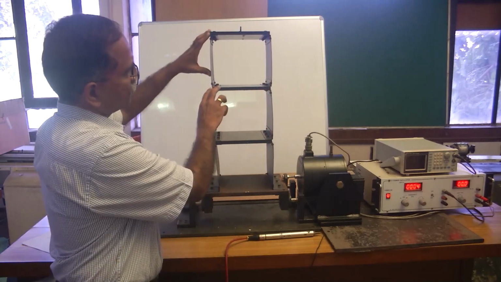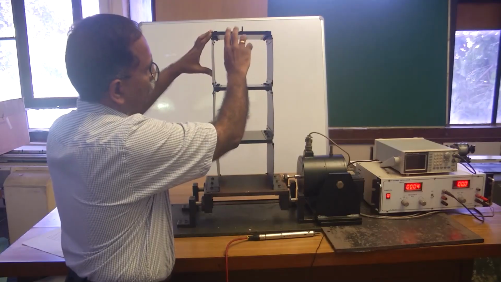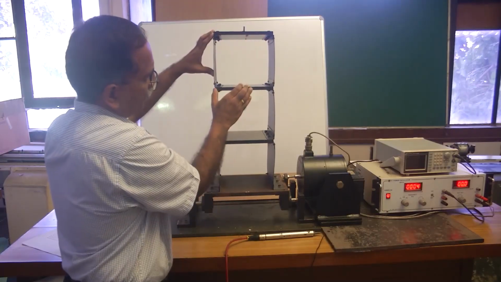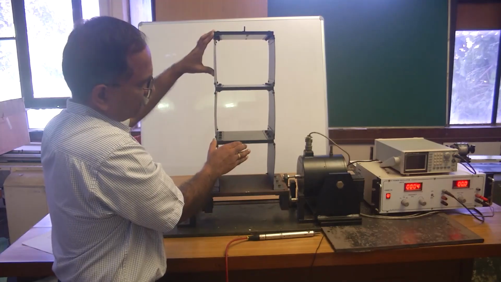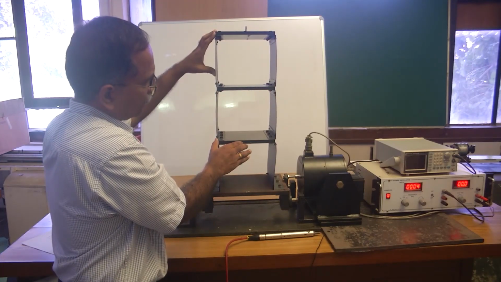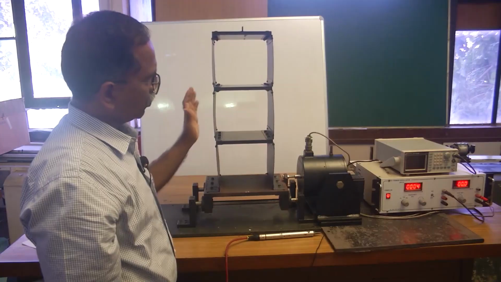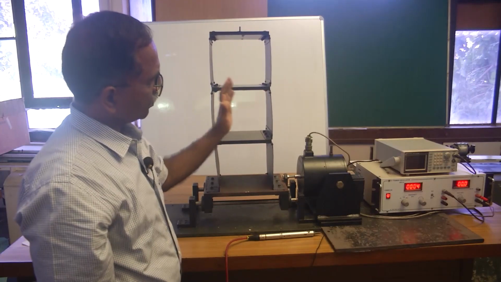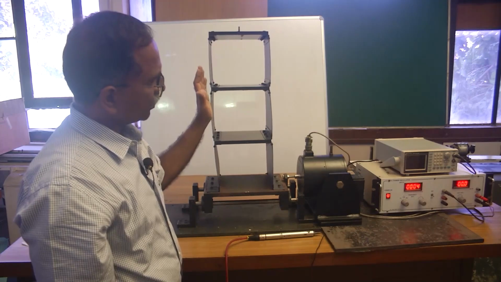If we excite this in a way that the displacement at t equal to 0 of this mass and this mass and this mass conforms to, let us say, the first mode shape, then the ensuing vibration after t equal to 0 is going to follow the vibratory motion following that particular mode shape.